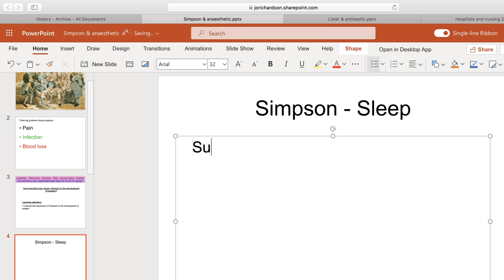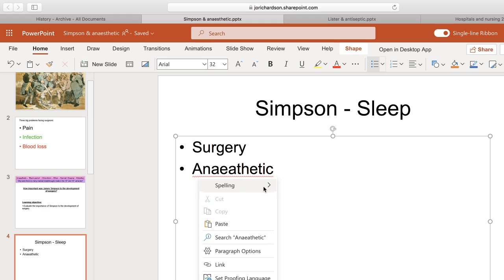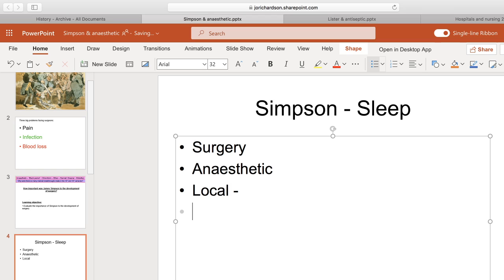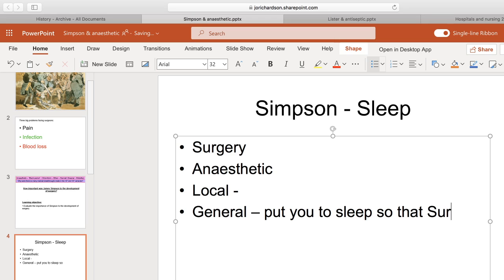When you have surgery, you are typically put under an anaesthetic. An anaesthetic can be a local one or a general one. If you were to have surgery now, a general anaesthetic would put you to sleep so that surgeons can complete the operation.